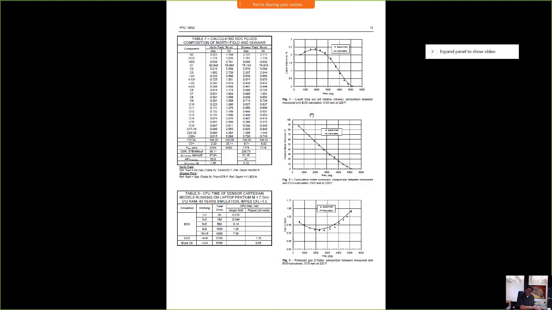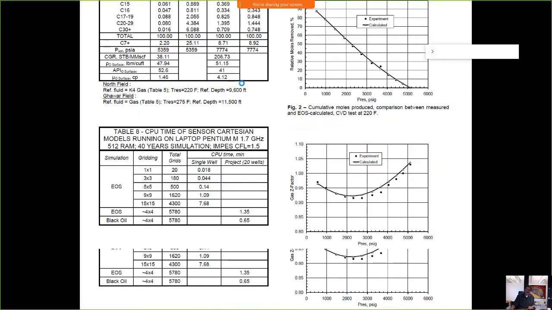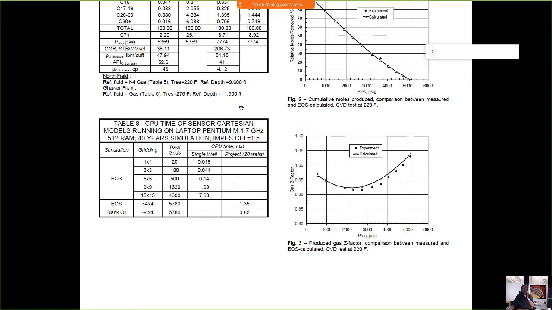Yeah, here it is. I think it was originally using another one of Keith's programs. This is Keith Coates who wrote Sensor. At the time this paper was written, a program called Comp4, which was the last compositional simulator of Keith Coates before he wrote Sensor, was being used. And then Sensor, yeah, so this is Sensor.